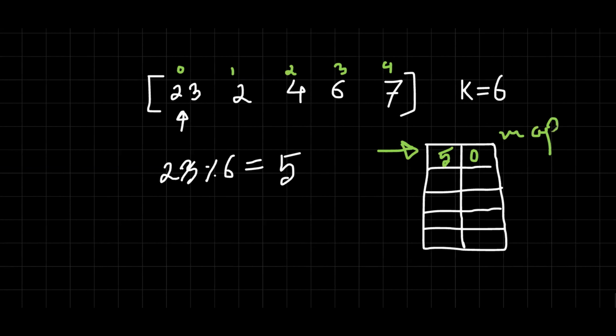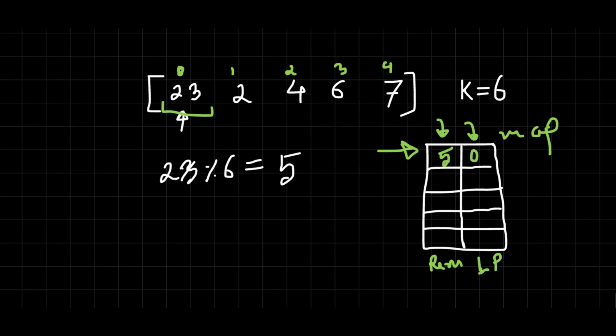Here, 5, 0 means in our given input array, there is a prefix where the summation of all of the elements of this prefix, modulus k, has the value 5, and this prefix ends at position 0, which is this. So here, 5 is the remainder, the key is the remainder, and the value will be the last position, which is LP.